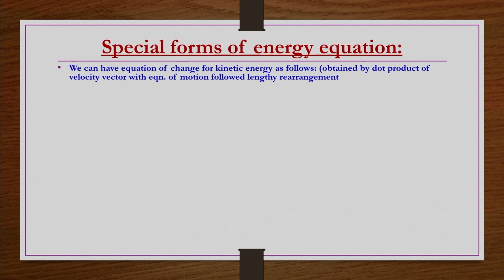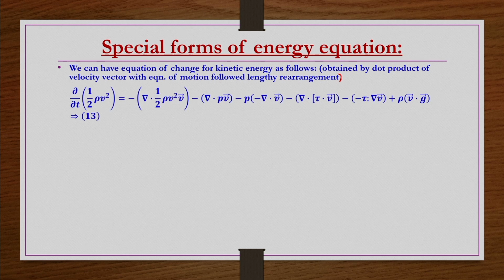The equation of change for kinetic energy takes into consideration all mechanical aspects of the motion, whatever energy is there because of the motion. That part is nothing but this one. You can obtain this by the dot product of the velocity vector with the equation of motion, followed by some rearrangement. So, then what you get is this one. We are not going to derive this, we are just adopting it.